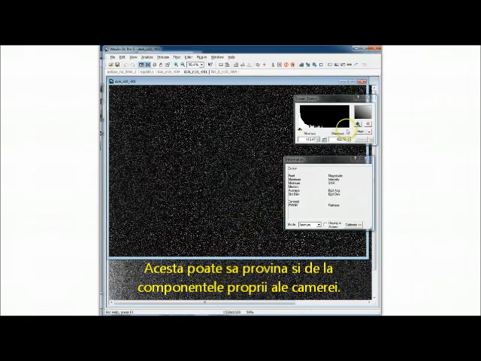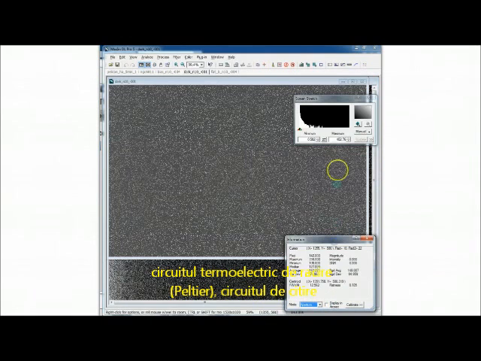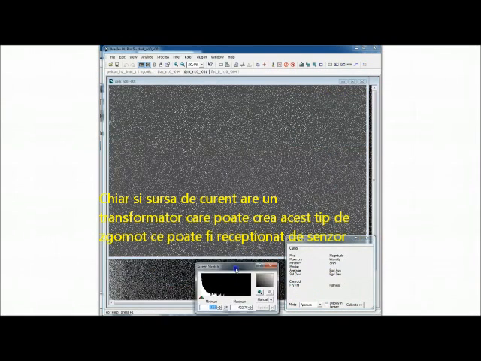This can also come from components within the imager itself. Inside the camera, there are different circuits like the amplifier circuit and the fan circuit, the thermoelectric cooling circuitry, the reading circuitry, etc. Even the power supply has transformers in it that could cause this kind of noise to be received by your imager.